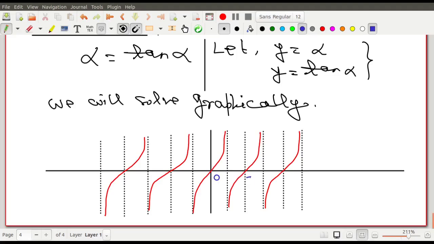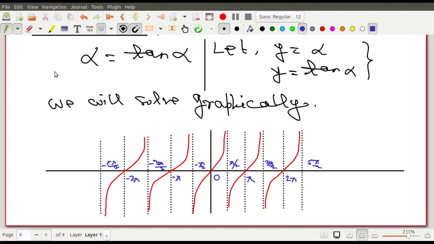These are the points 0, pi, 2 pi, and on this side similarly negative pi, negative 2 pi. The points in between are your pi by 2's: pi by 2, 3 pi by 2, 5 pi by 2. Similarly on this side, negative pi by 2, negative 3 pi by 2, negative 5 pi by 2. This is how you plot the tan alpha function. This doesn't need an explanation, it was already explained in your first semester course. Those who have not gone through the course properly can look at it, this is your tan alpha plot.